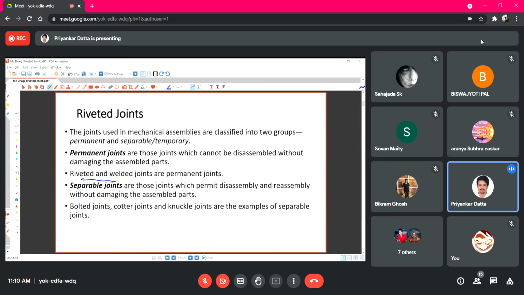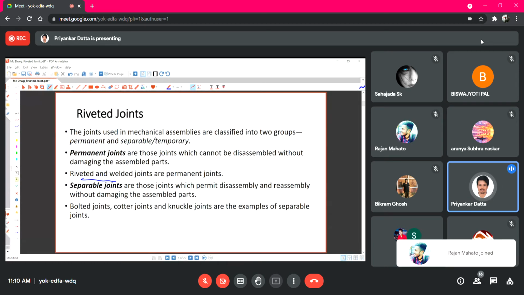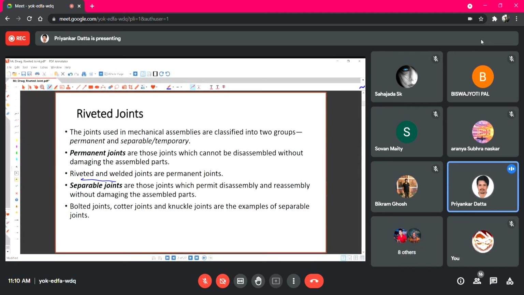But in most cases, in reality, it is very difficult to design on a case to case basis. So some experimental dependence is there, and based on experimental results and experimental failure values, certain empirical relationships are developed. You will see in many cases a number of empirical relationships available.